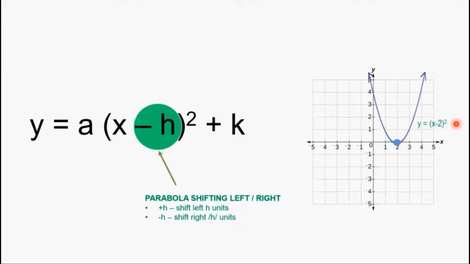Kapag negative ang h, ang direction ng movement ng parabola ay pakanan. Kapag positive ang h, ang direction ng movement natin ay pakaliwa.